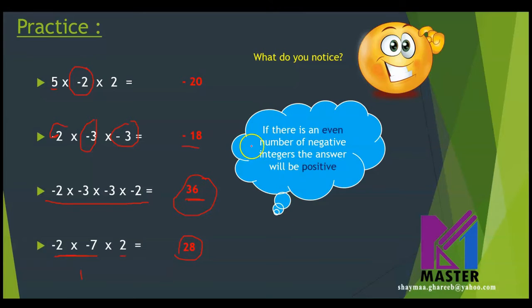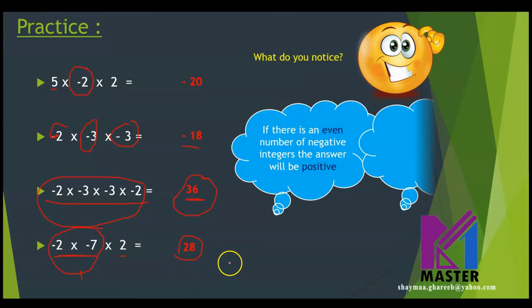Yes. If there is an even number of negative integers in the sentence, the answer in this case will be a positive number. So if I have 2 negative numbers in the sentence, or 4 negative numbers in the sentence, your answer must be a positive number. What else?